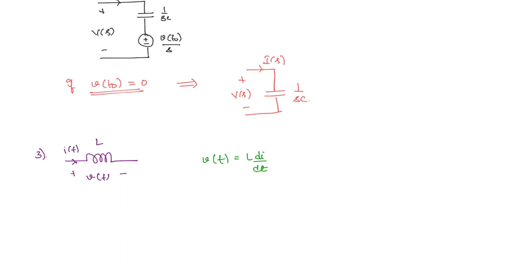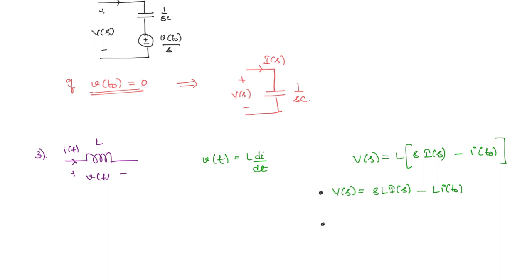So what you're going to get here, V of s is equal to L times s I of s minus i(t0), the initial value of current. So this means that V of s is equal to sL I of s minus L times i(t0). So this is one equation.